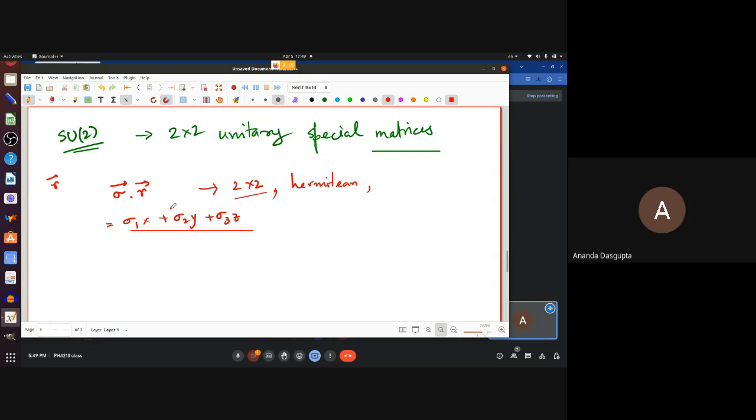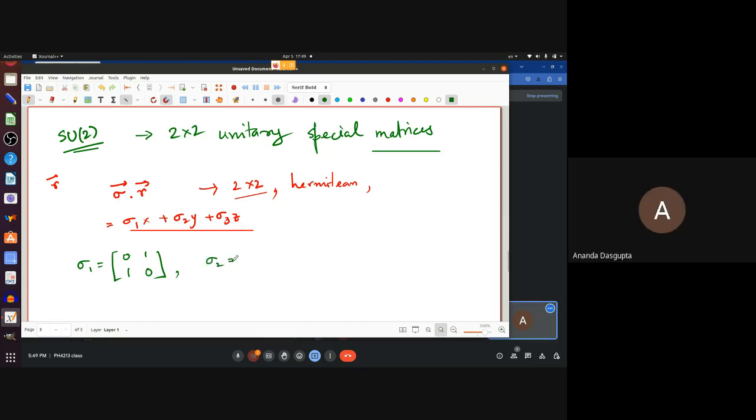What is the determinant of sigma 1, sigma 2, sigma 3? Remember the matrices? What is sigma 1? Tell me the matrix. You know this, right? 0, 1, 1, 0. Good. Determinant? -1.